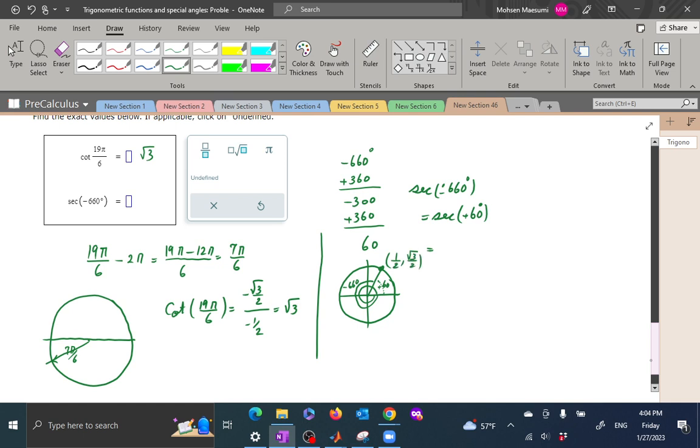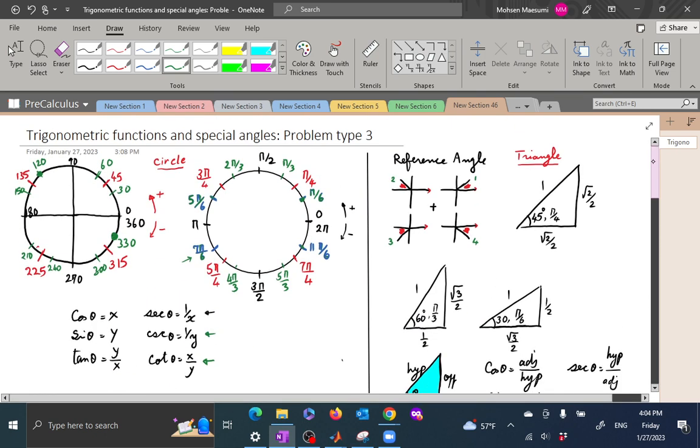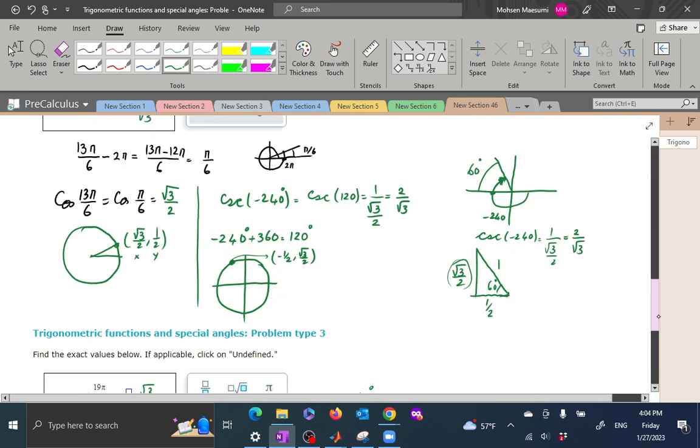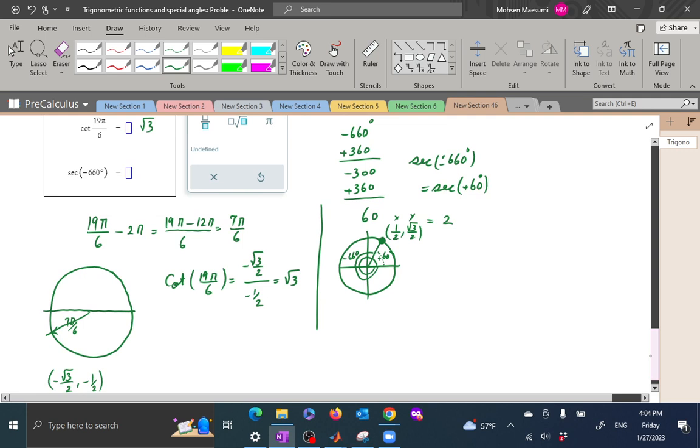That's 60 degrees on your circle. This is x, this is y. 1 over x would be 2. Secant is 1 over x. Let's show that again. Here's one more time. Secant is 1 over x. My x was 1/2, and so I end up with a 2 here.